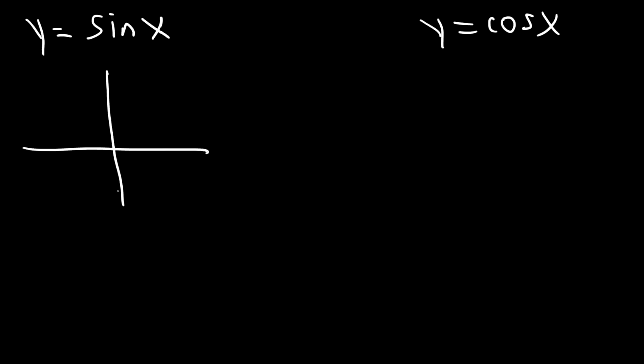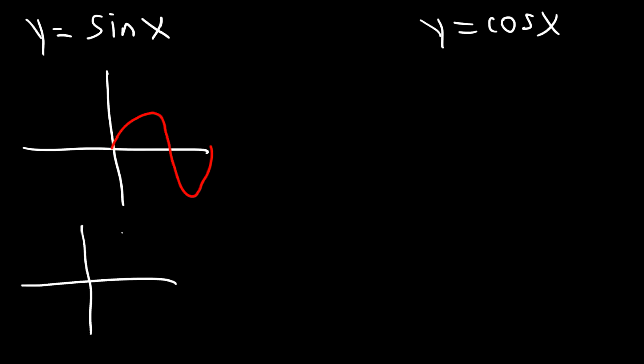Now don't forget about your sinusoidal functions that you learn in trig. Sine x and cosine x. Sine x starts at the center, and if it's positive sine x, it's going to go up, and then down, and it's going to repeat the cycle.